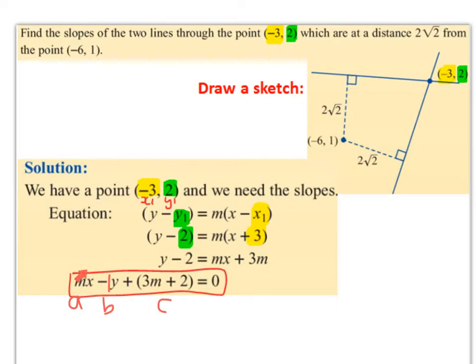Next we label, so our m is going to be the a, minus 1 will be the b, and 3m plus 2 will be the c. And we're going to use our ABC values and sub them into our formula for distance.